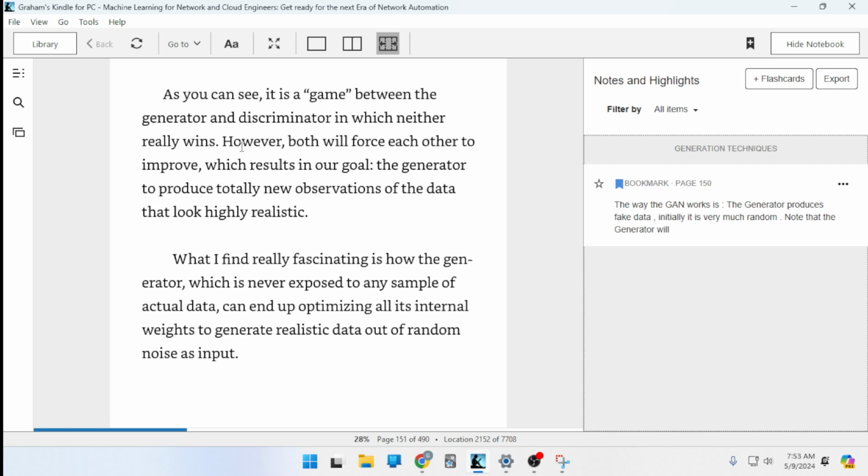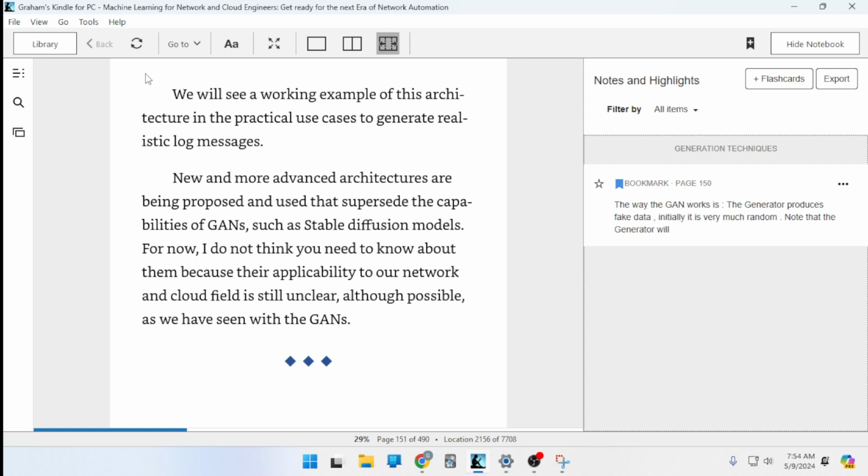What I find really fascinating is how the generator, which is never exposed to any sample of actual data, can end up optimizing all its internal weights to generate realistic data out of random noise as input. We will see a working example of this architecture in the practical use cases to generate realistic log messages.